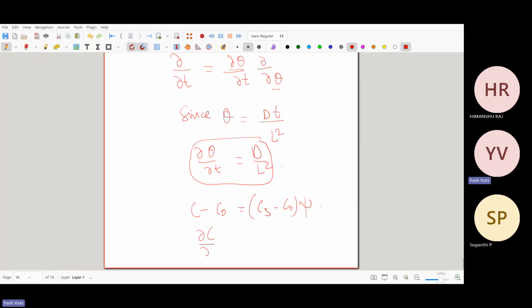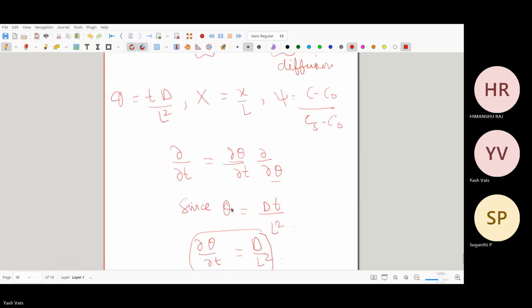And del c over del theta is just del psi over del theta, and cs minus c naught. And if you multiply del theta over del t both sides, in that case, let me see.